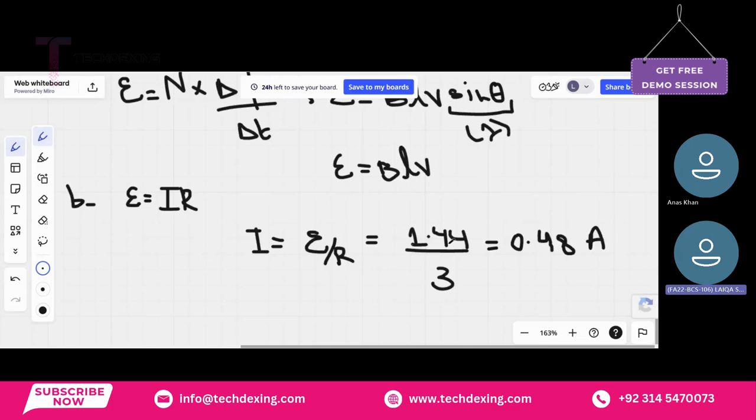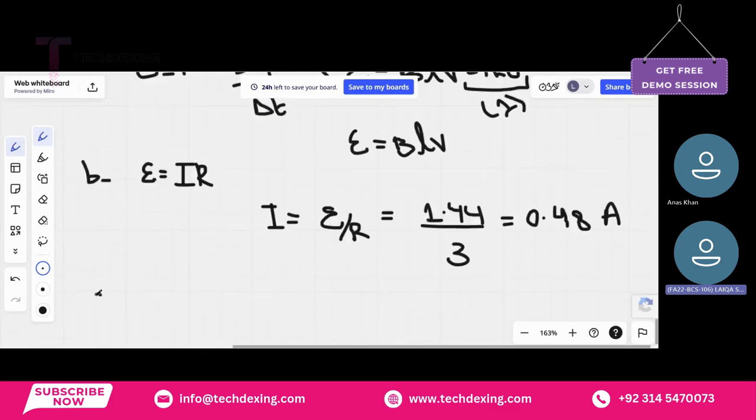Yes. Now we have to find the power in part C. Which formula will we use to calculate the power? Is it only I squared R, or could we use the other one also? Yes, you can use the other one as well. What's the other one?